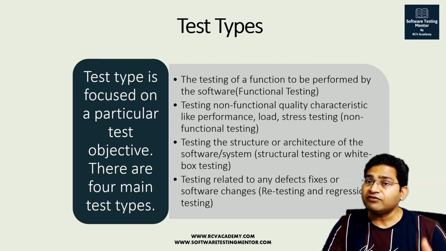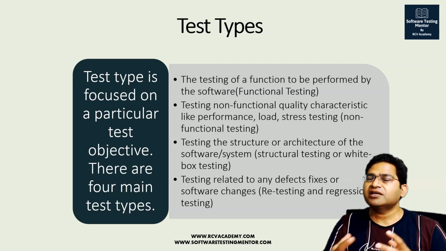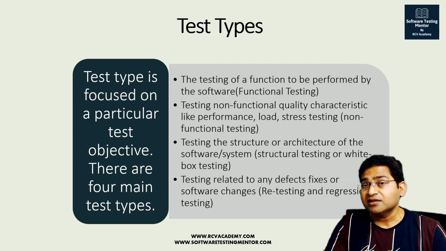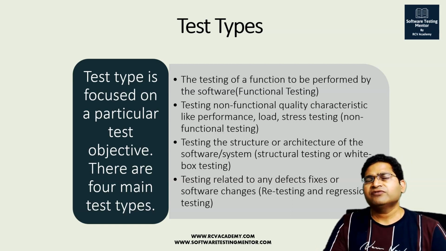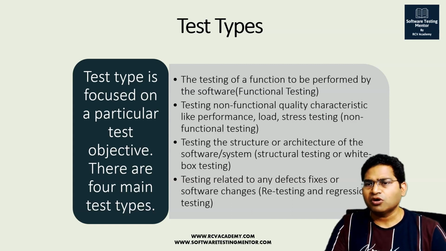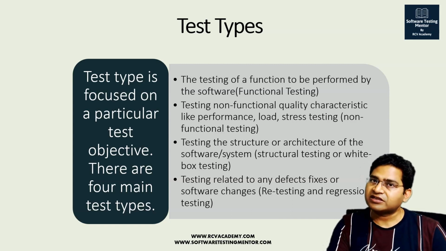As we have 4 test levels, we also have 4 broadly categorized testing types, wherein all the different types of testing that you see fall. For example, regression testing and retesting, which are related to changes, fall into testing related to changes. Non-functional testing, for example load, stress, performance, all of that goes into non-functional. Any functionality testing goes into functional testing.